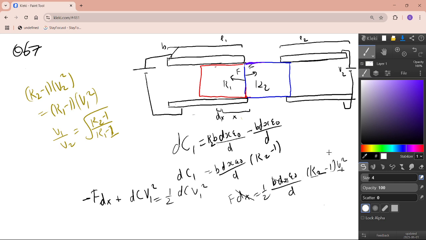I think maybe I could have done something wrong. This is the external force, and by this external force I've got dx. What would I get by the external force? I don't know.